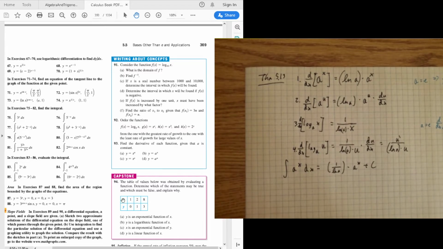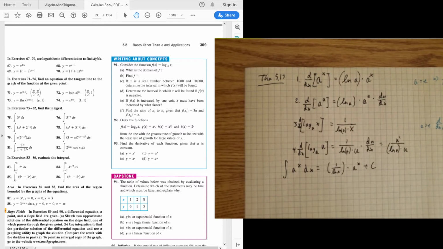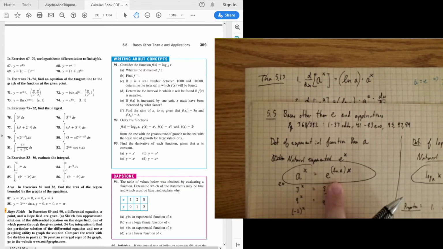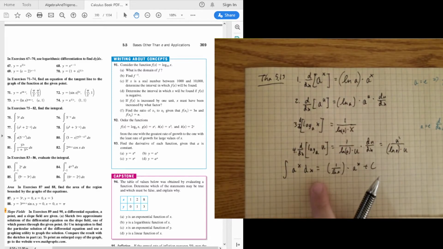Okay, number 76. For number 76, I would strongly recommend using the definition of a natural integral. Either find a way to rewrite it using this process, which is already of a to the x power, and you can just rewrite it.